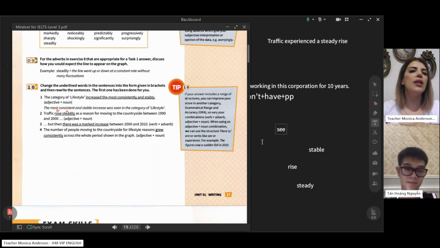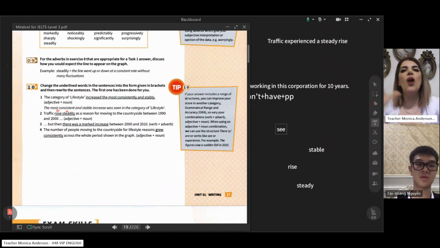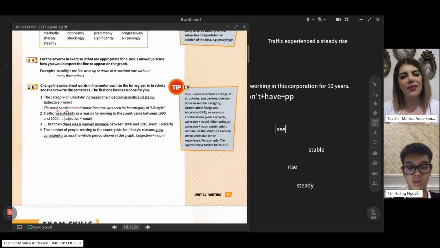Yes, we can use this verb see. It doesn't mean traffic, it means it was a steady rise in traffic, but you can say traffic experienced a steady rise, so it's okay to use it, and it's really good to use it.